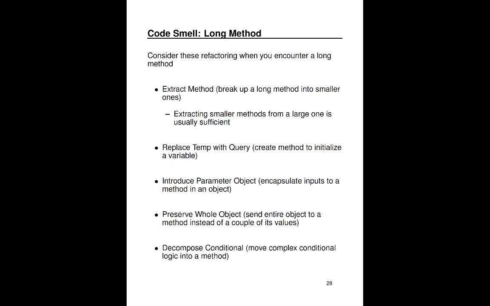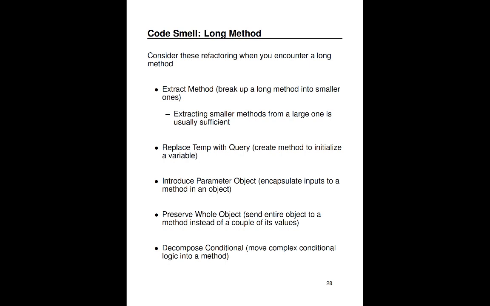Another effective refactoring for long methods is called replace temp with query. And basically what this does is it extracts a method to initialize a variable. The introduce parameter object refactoring will take all the inputs to a method, all the parameters to a method, and put those together in an object of its own. So the method only takes one object that contains all the data that it needs, instead of a series of multiple ones.